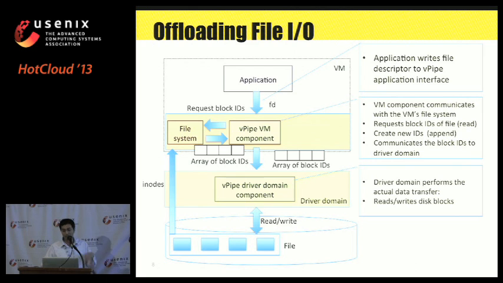That's what a regular write is. What we did was a little bit of a trick. We provide empty buffer heads to the file system layer, and in the file system layer, we just allocate a set of inodes. We first flush these inodes to the disk, and then give this buffer head information to the vPipe VM component. Now the vPipe VM component has empty disk blocks in the disk, and IDs, as in an array. So now you can do the write operation.